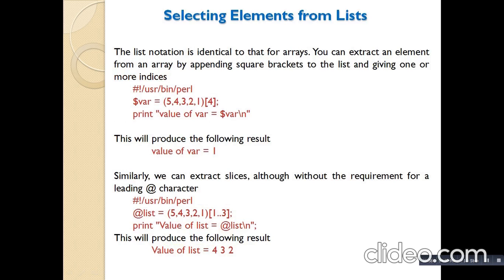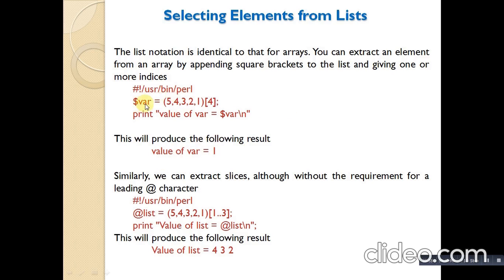Selecting elements from a list. The list notation is identical to that for arrays. You can extract an element from a list by appending square brackets to the list and giving one or more indices. Now let us see this example.